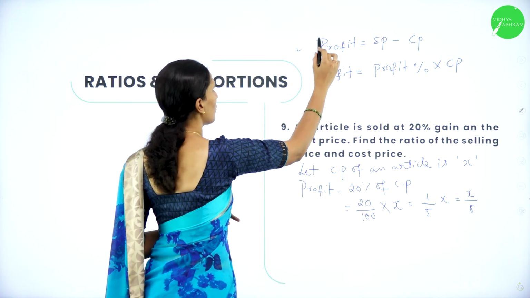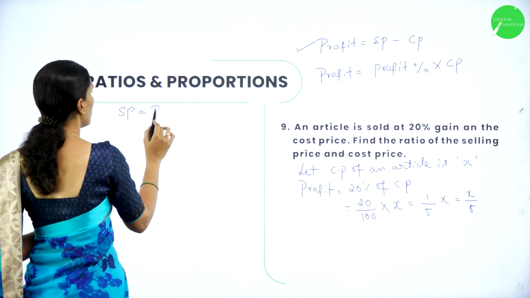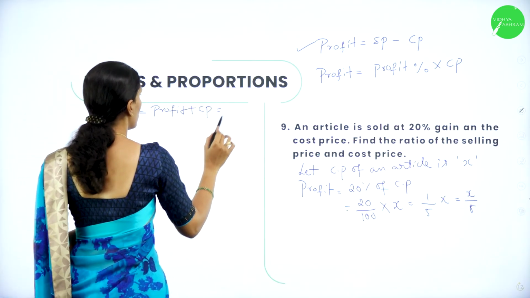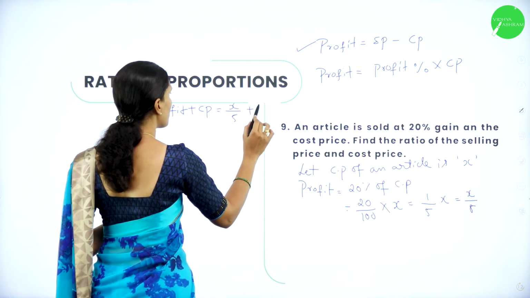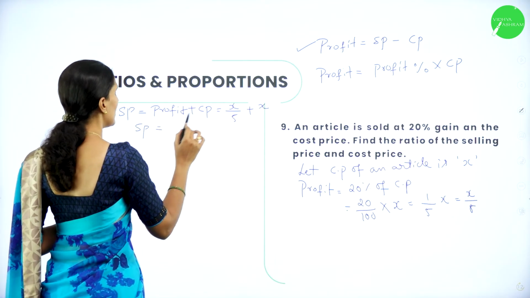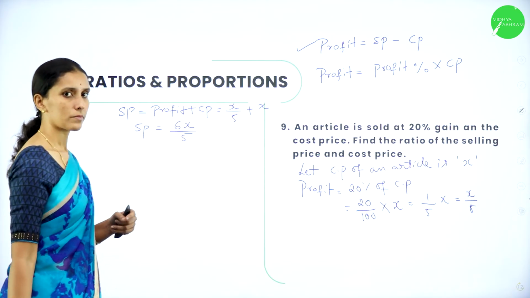Now by using this formula, selling price is equal to profit plus cost price. So what is your profit? X by 5, and cost price is X. So when you add it, your selling price is 6X divided by 5.